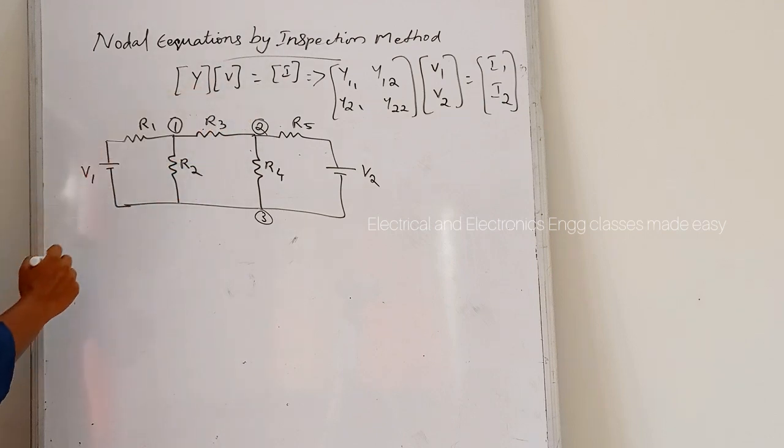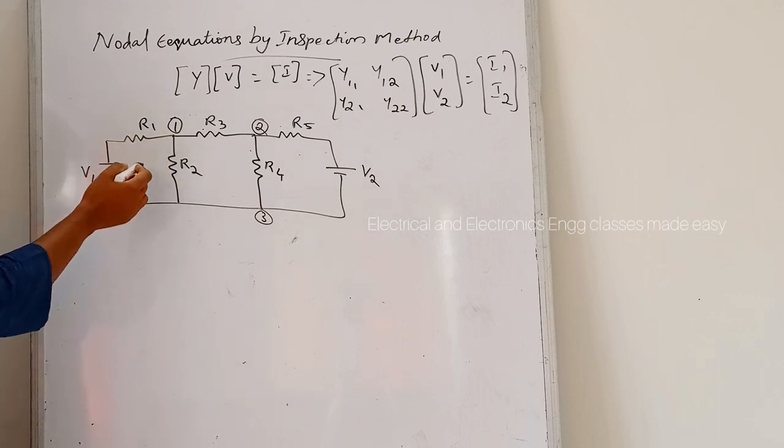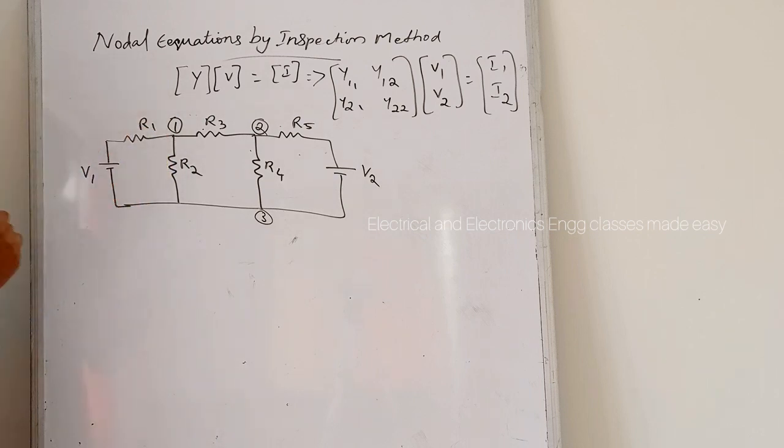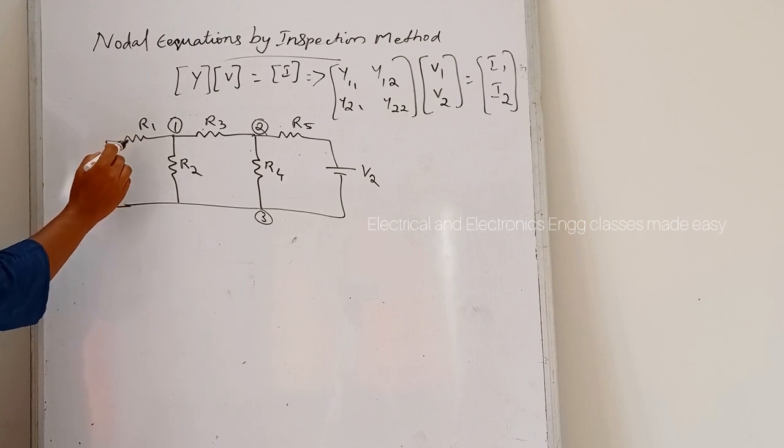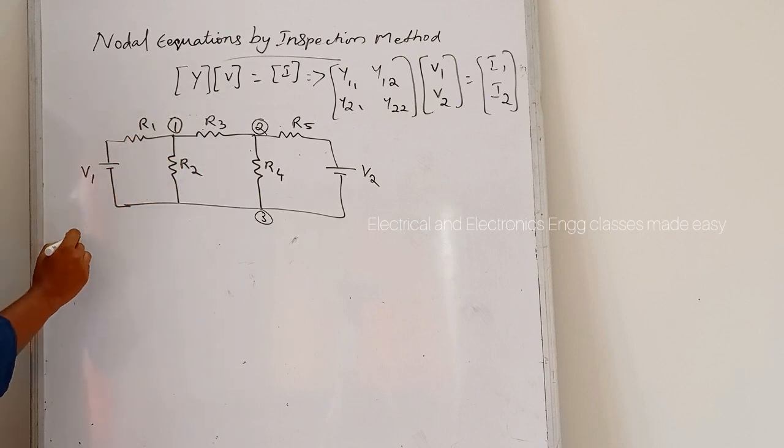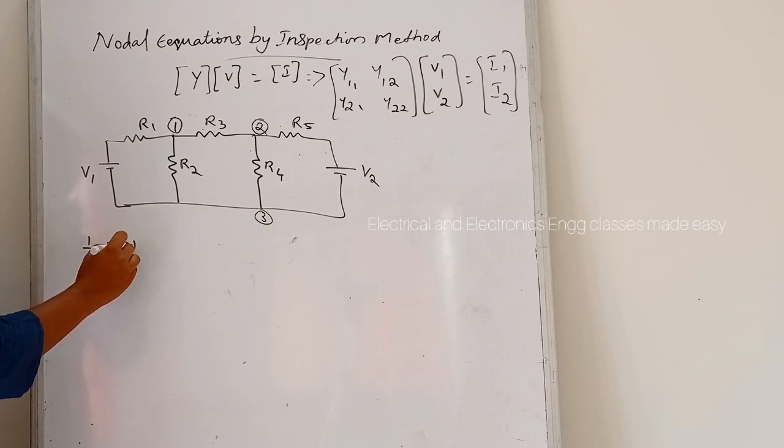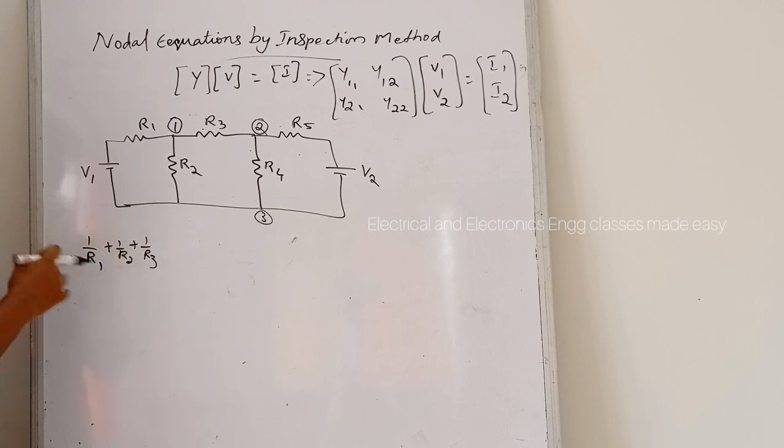Y11 is the sum of conductances connected to node 1. Here R1, R2 and R3 are connected, so it is 1 by R1 plus 1 by R2 plus 1 by R3. These are the conductances, and conductance means reciprocal of the resistance.